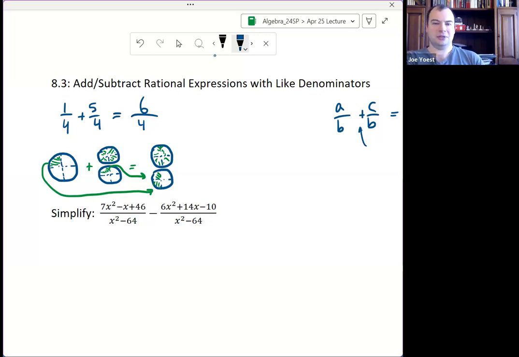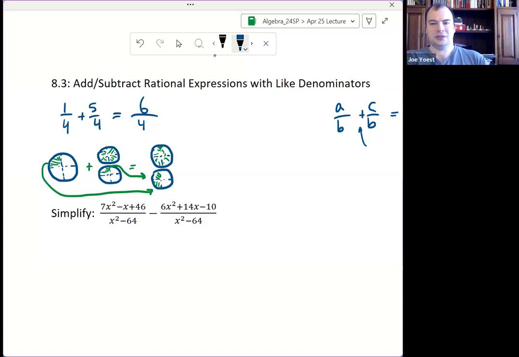If we have the same denominator, we just add across the top and keep the same denominator. When we combine our slices together, the slices don't change size. They don't go from being a quarter of a pizza slice to an eighth of a pizza slice. They stay as quarter pizza slices. We just have more of them when we combine them all together.